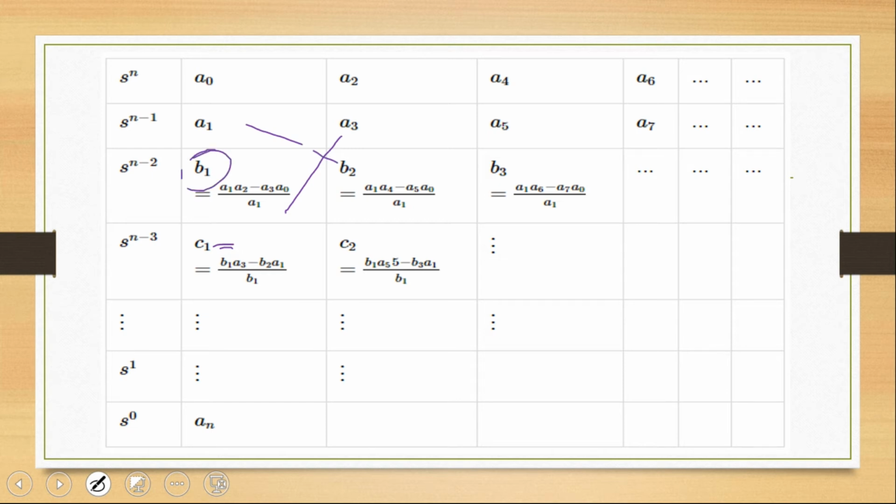Similarly, we will have the second component of the fourth row, C2, equal to B1 into A5 minus A1 into B3, divided by B1. So likewise we go on constructing the fifth row, sixth row and so on. The last element will be n. This is how we have to construct the roots array.